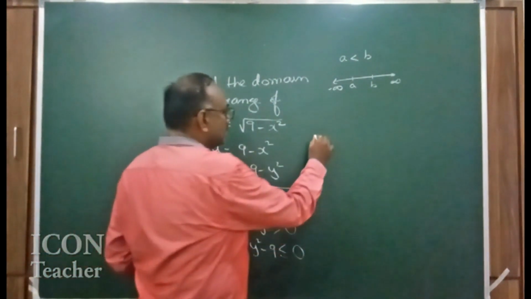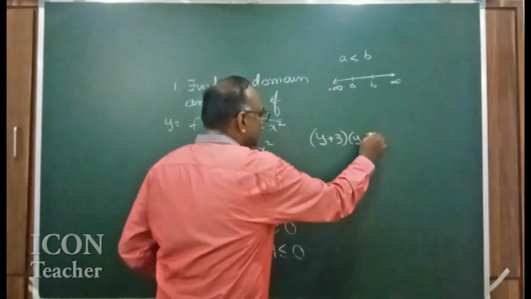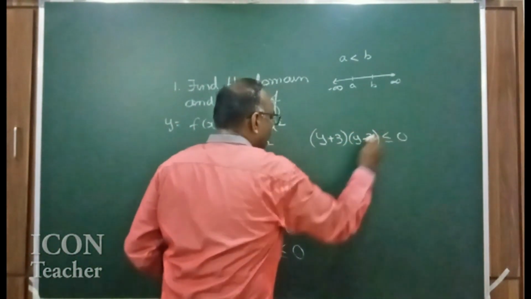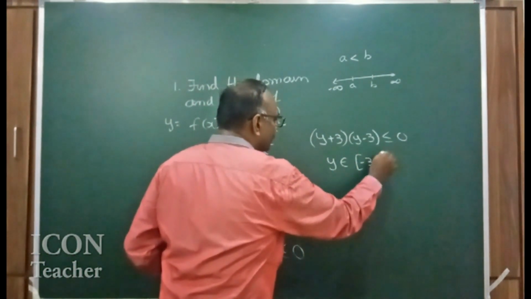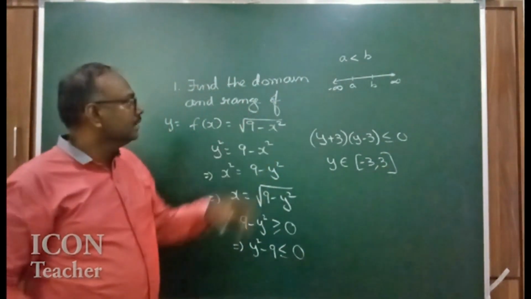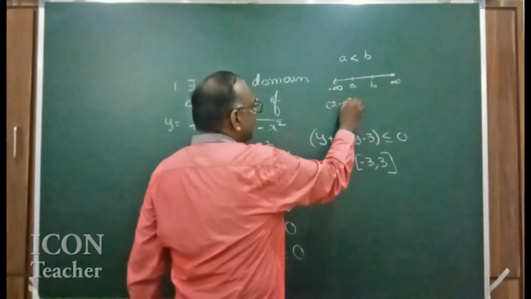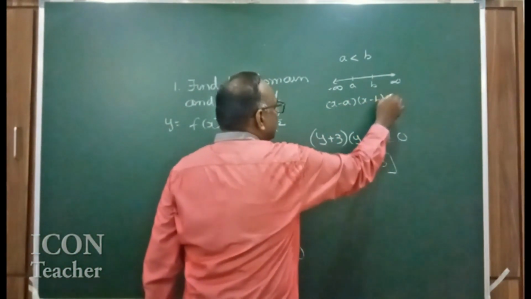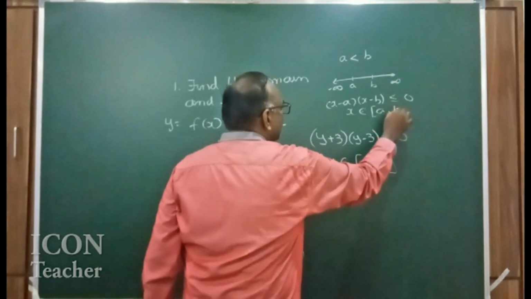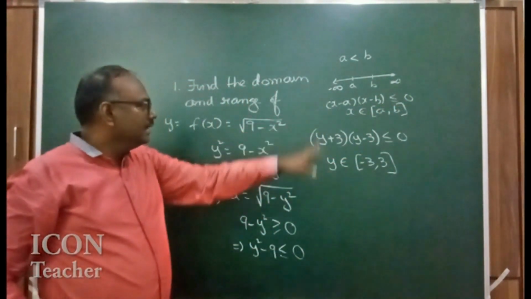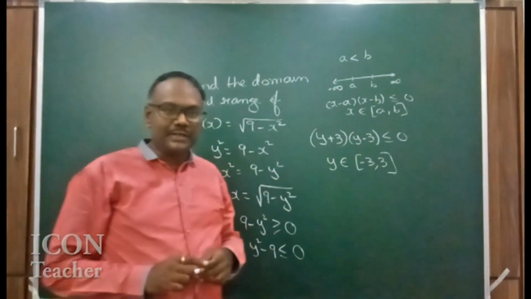On factorizing, y plus 3 into y minus 3 is less than or equal to 0, or y belongs to minus 3 to 3, using the same identity: if a is less than b, x minus a into x minus b less than or equal to 0, x belongs to closed interval a b. So using the same identity, we got y belongs to closed interval minus 3 to 3.